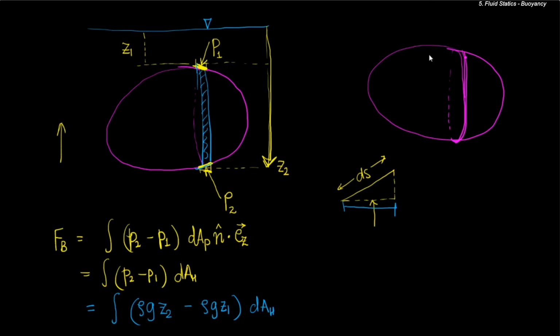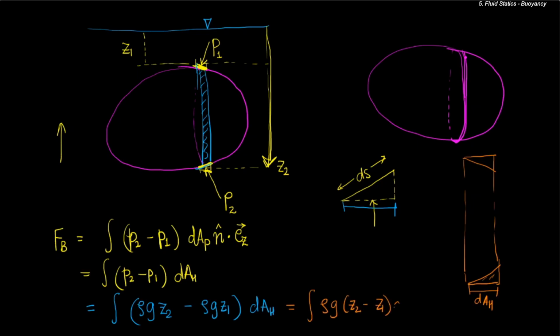Let me redraw this slightly larger. This is the strip that we're talking about, and the projection of this strip is the same for both the top and the bottom. So this is going to be dAH. So it's essentially the integral of rho g (z2 minus z1) times dAH.